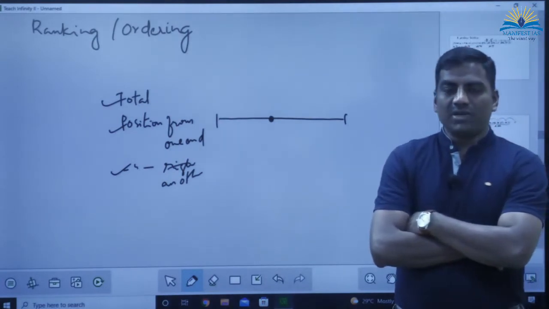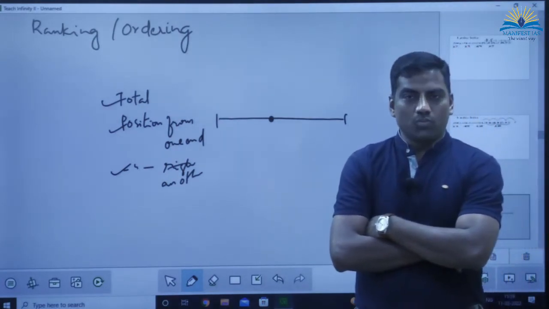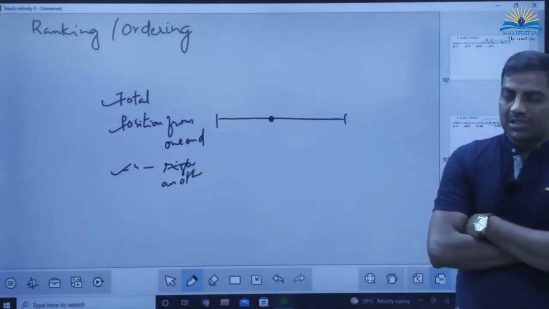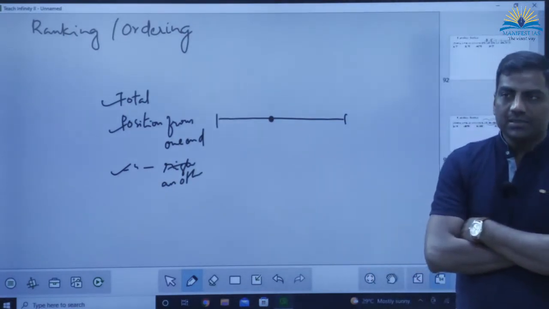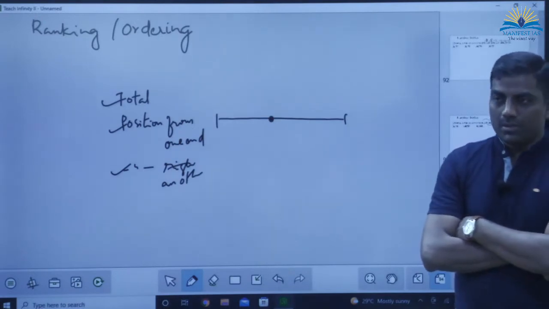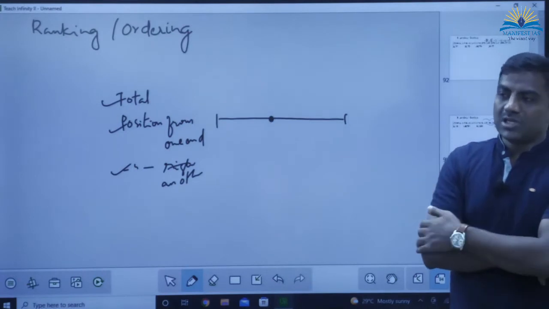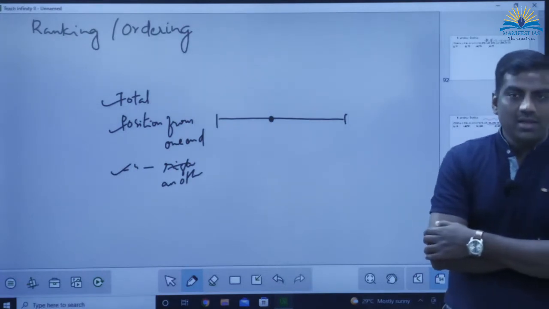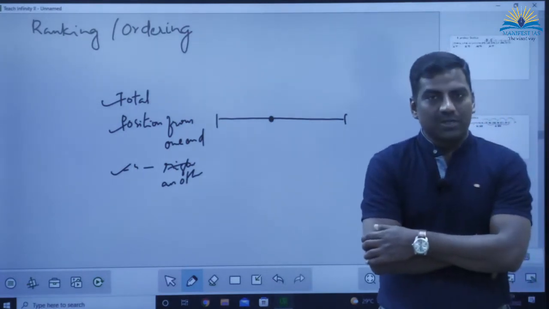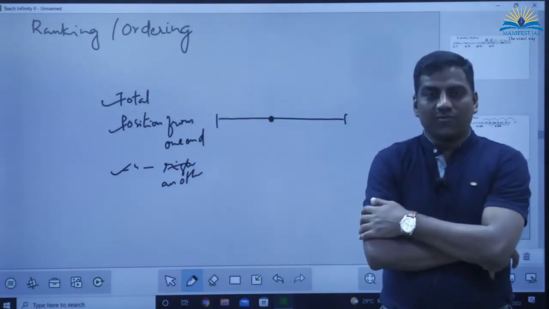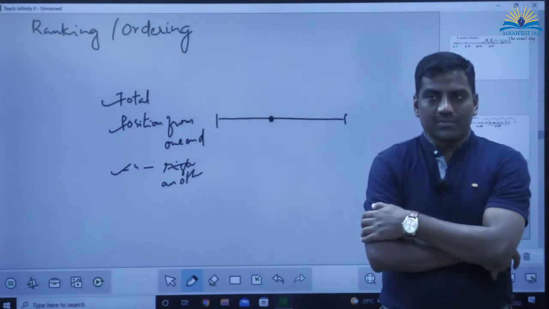You are not giving me the total number in the row. You are giving me the position of that person from the left and the position from the right. Can I get the total number of people in the row? Yes?